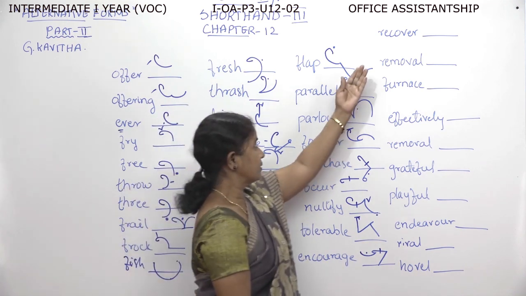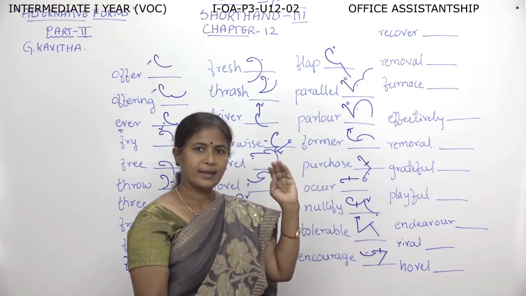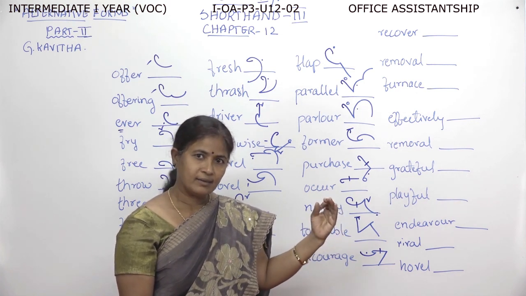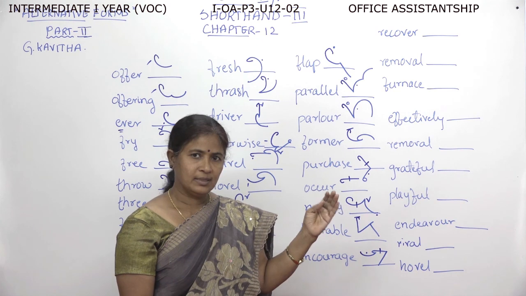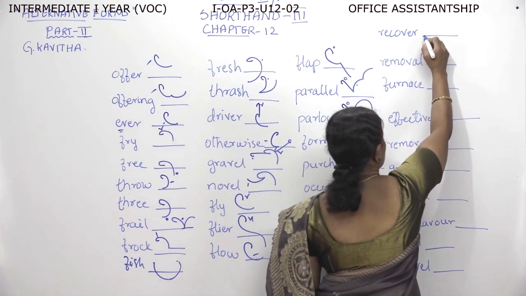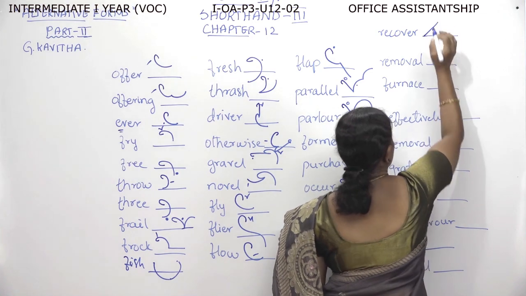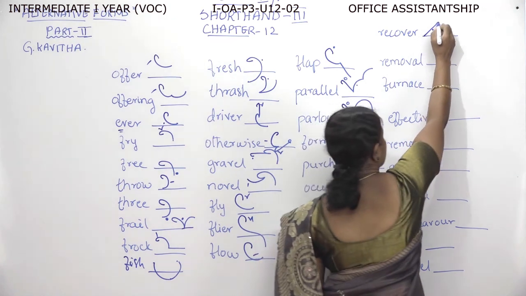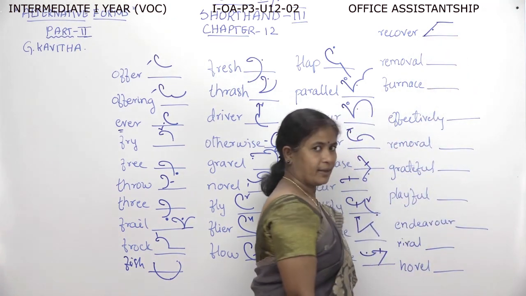Okay. Now next, recover. How many strokes we hear? Ray. Why do we write upward R? Because initial R followed by vowel. So this is ray. Now K. We add K to it. Re, ka.